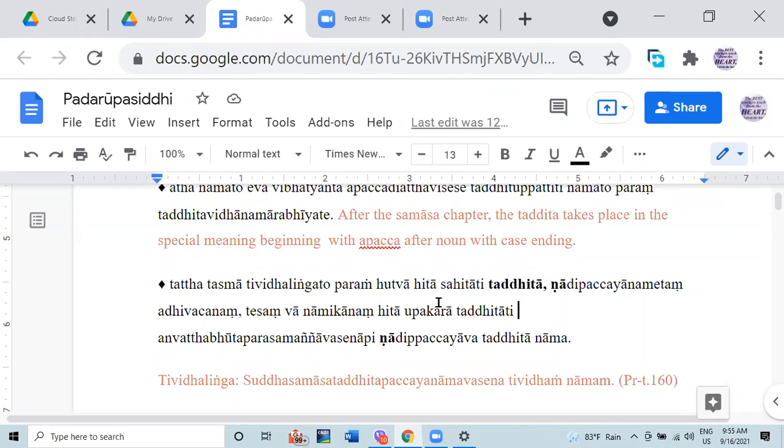How do these suffixes benefit those nouns? Because of these suffixes, more meaning comes; those words come to help.